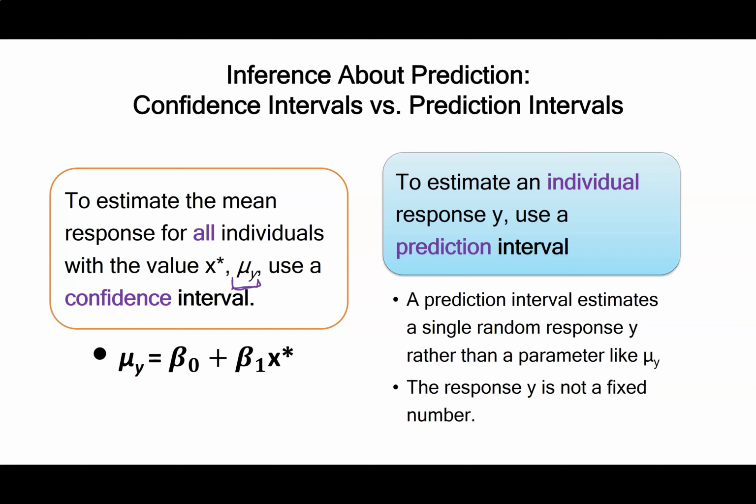If we want an individual response, so we want to know what an individual is likely to have, like what their college GPA is going to be, it's going to be a prediction interval. So prediction intervals are wider. They're always wider than the confidence intervals.